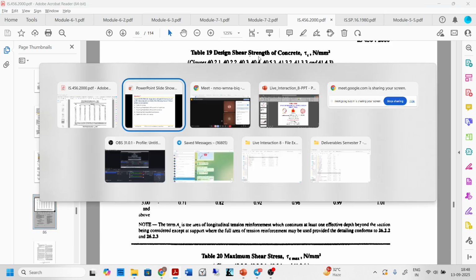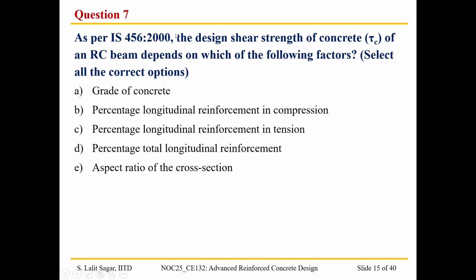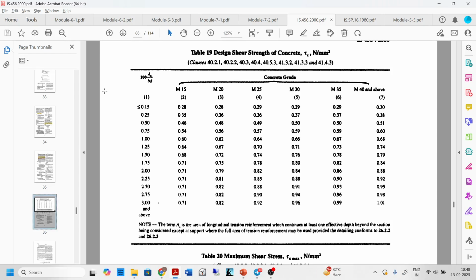So in this particular question, I was looking at two factors which actually contribute to the design shear strength, that is options A and C. First we have the grade of concrete. As the grade of concrete increases, the design shear strength increases.